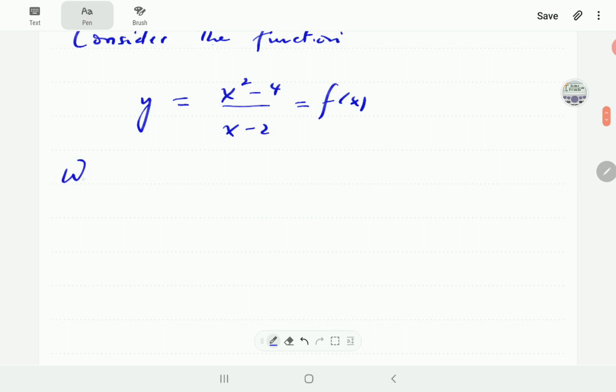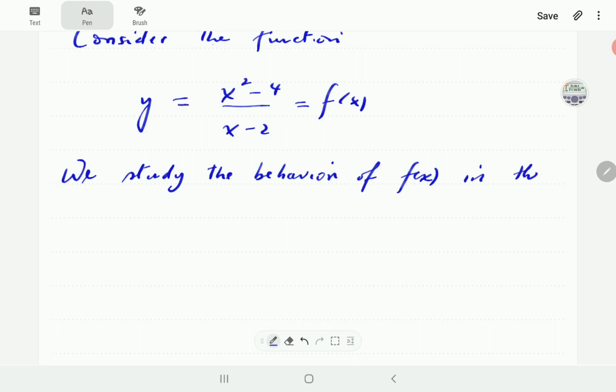We are going to be interested in the behavior of this function in the neighborhood of x equals 2.